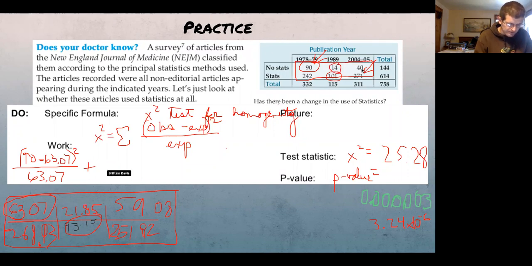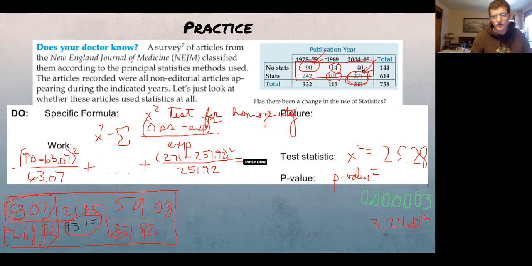I'm just going to put plus ..., and the very last cell I would have done is this one. My observed here is 271 minus 251.92, squared, divided by 251.92. It's implied that we did the same calculation for all the cells, but we're just showing the first and the last. And we got 25.28. And the p-value is as given. We don't need to show that with work.